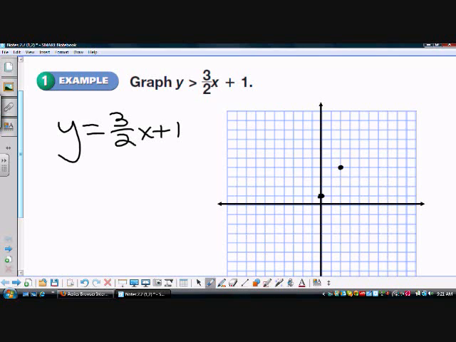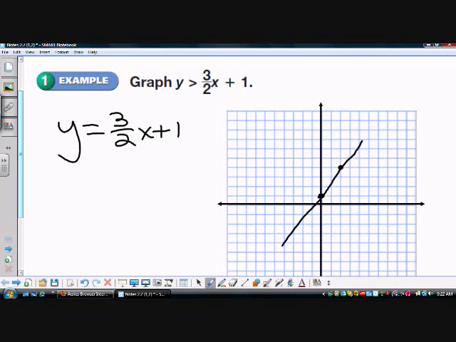Okay. Now the line is going to look something like that. But we have the inequality. So we have to decide on the inequality whether or not we make a solid line or a dashed line.